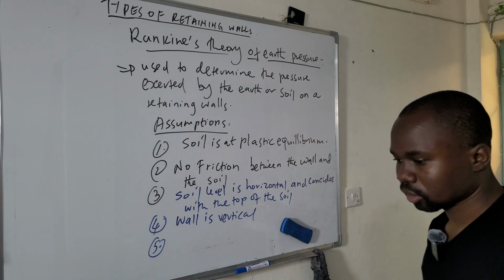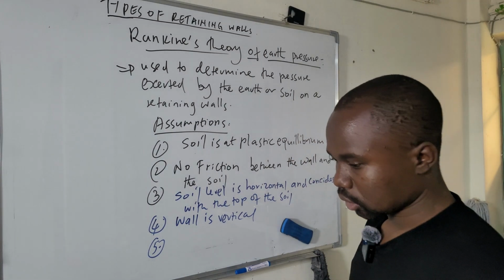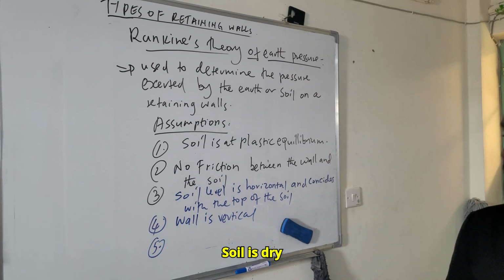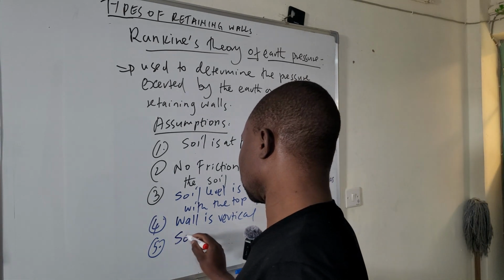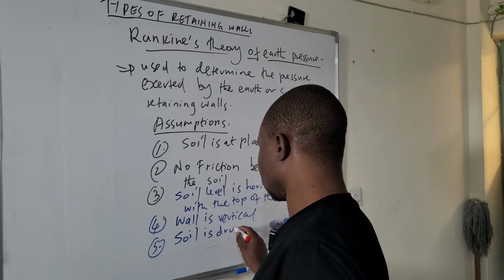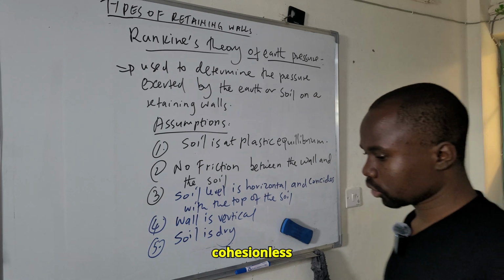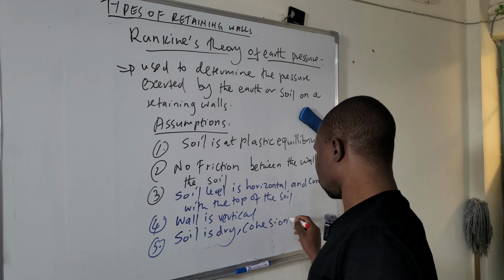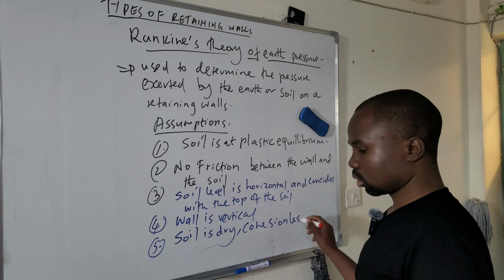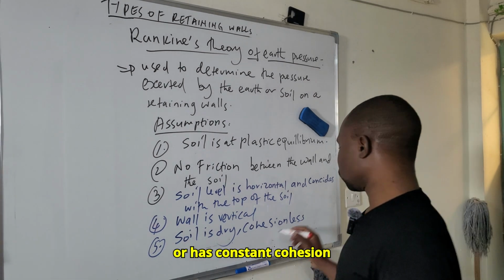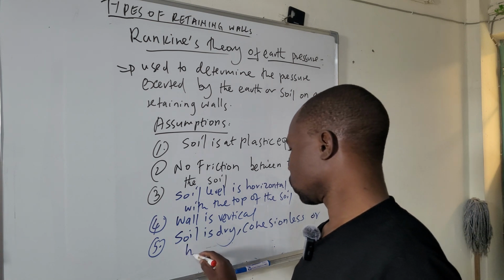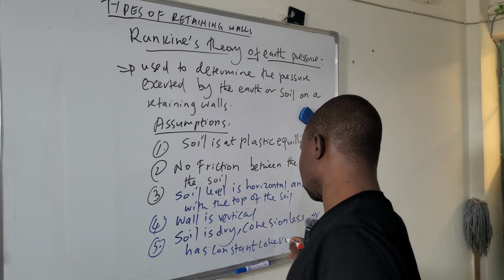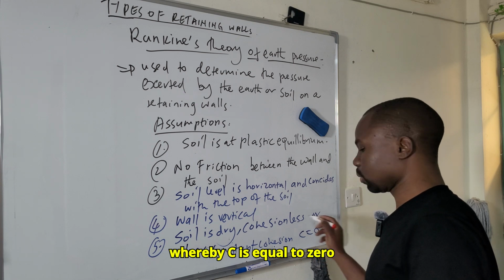Number five, soil is dry. Cohesionless or has constant cohesion, whereby C is equal to 0.